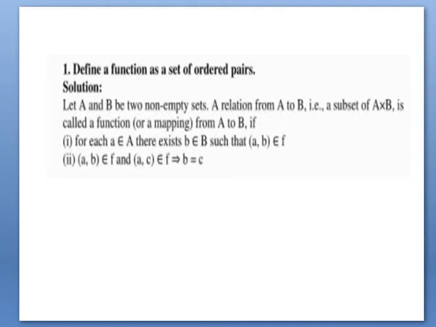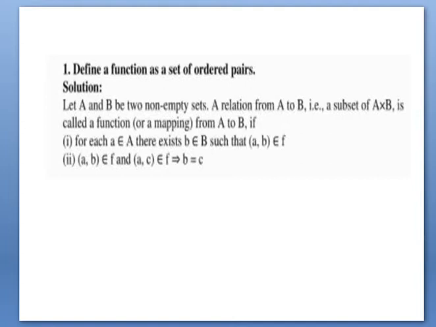So let A and B be two non-empty sets. A relation from A to B, that is a subset of A cross B. Now what do you mean by this A cross B? This concept we have already done in our previous classes. I will explain, and if you have any doubt, you can go through the previous videos.